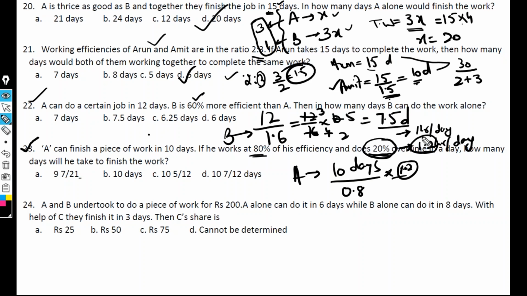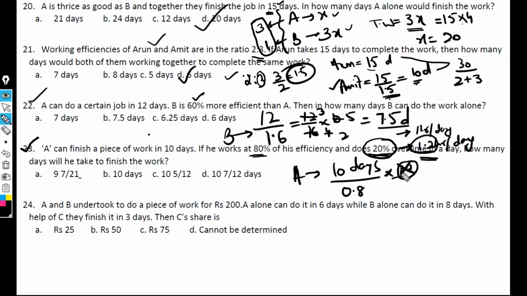But if he is working for a longer duration per day, time taken ideally will reduce.